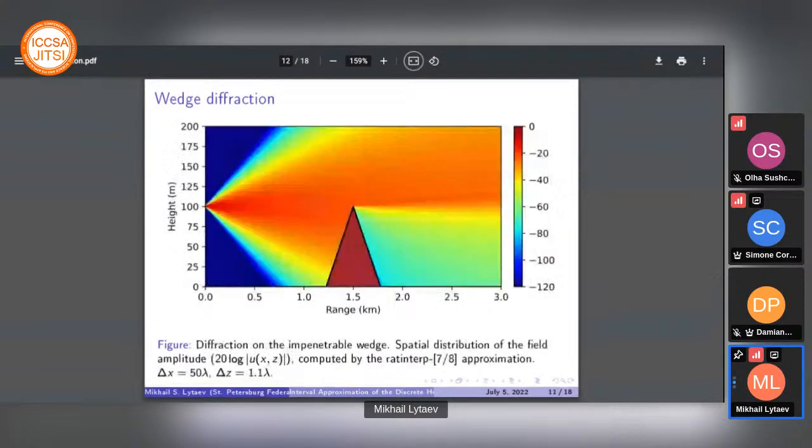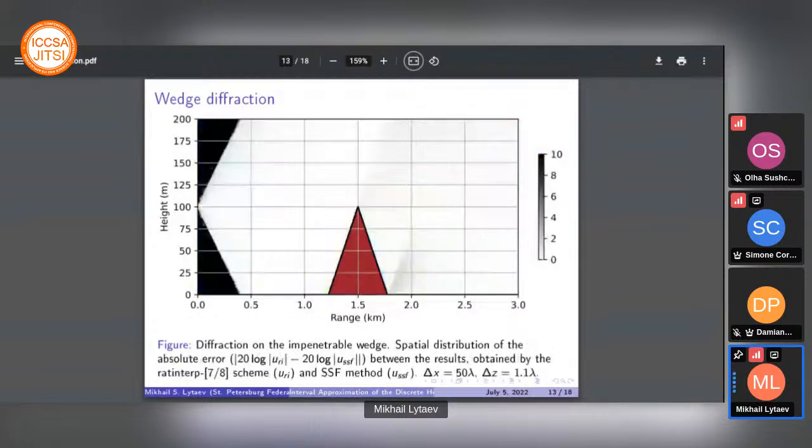This figure depicts a two-dimensional distribution of the electromagnetic field amplitude computed by the proposed method. To verify the result, we compare it with the split-step Fourier method. The two-dimensional distribution of error between the result obtained by the split-step Fourier method and the proposed method is depicted in this figure.